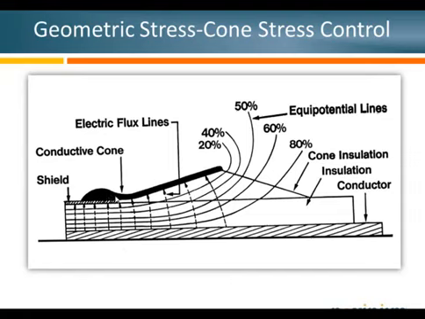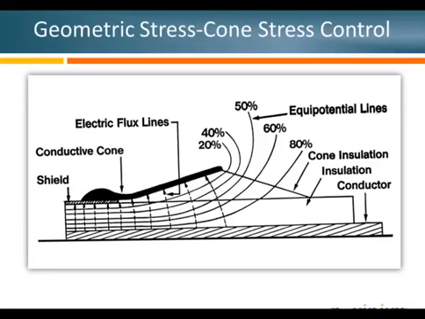Then you also extend the insulation shield up to the peak of that insulation that you've added, and that transfers the high stress to the end of that insulation shield that you now have at the peak of your added insulation.